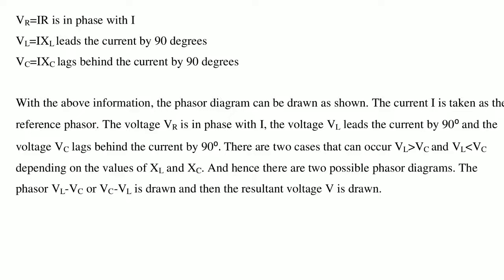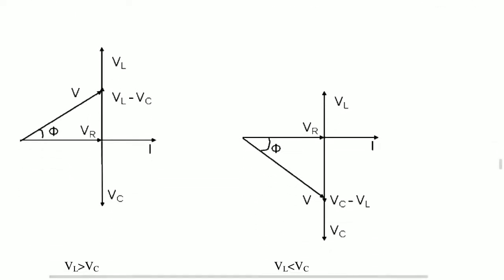The phasor diagram is drawn with VL minus VC or VC minus VL, and then the resultant voltage V is drawn. Here VC is along the downward y-axis, and VL is along the upward y-axis.